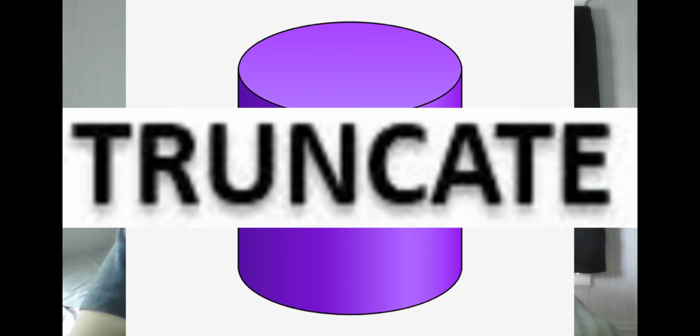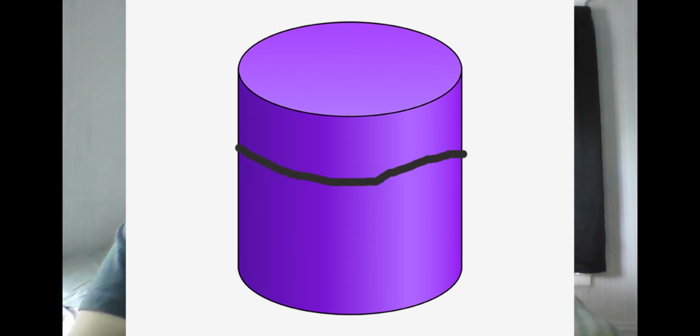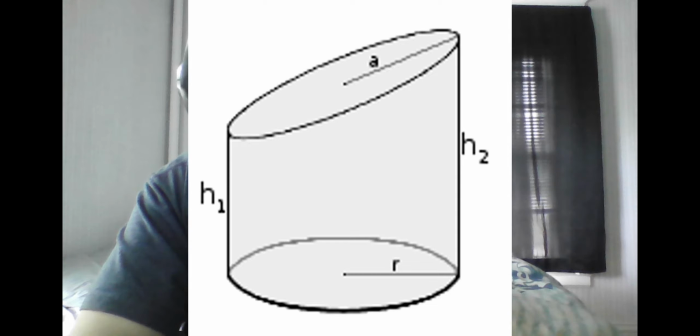An interesting thing to notice when you truncate a cylinder is that if the two lines that truncate it are perfectly parallel to one another, then the resulting shape will still be a cylinder, just with a lesser height. But if one of the lines is tilted relative to the other, then we will get a more interesting shape that cannot be described with simple cylinders.